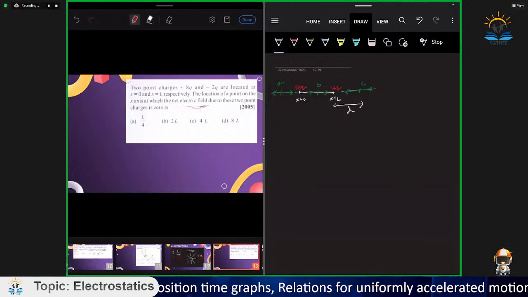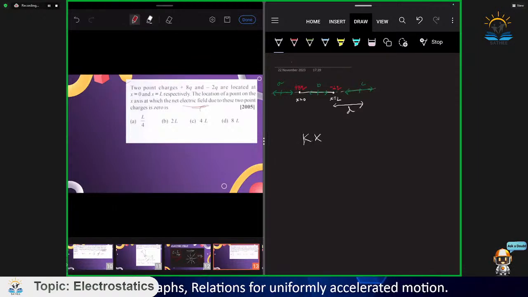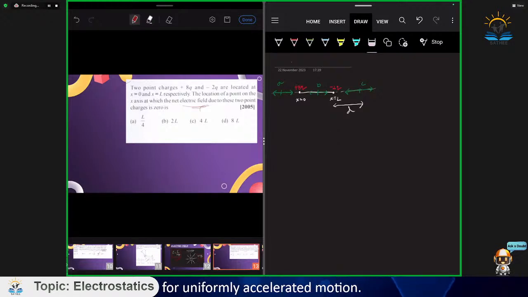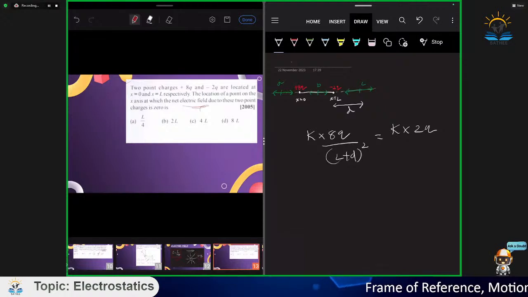We can simply equate: because of 8q, k into 8q divided by L plus D whole square is equal to k into 2q by D square, that will be opposite direction.